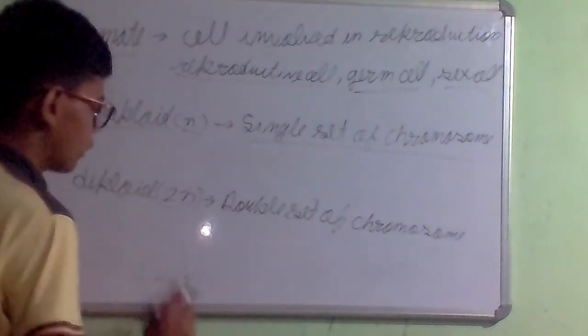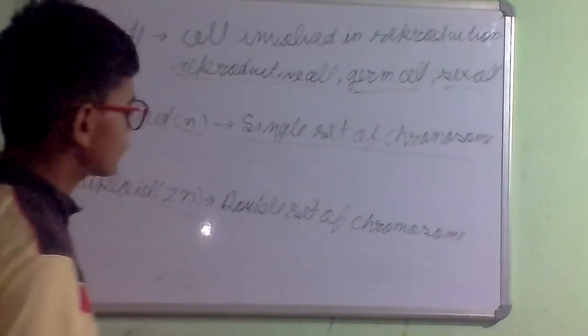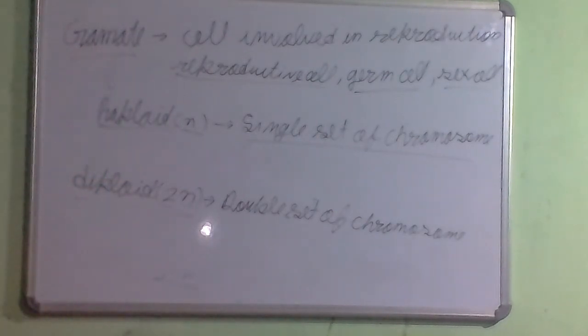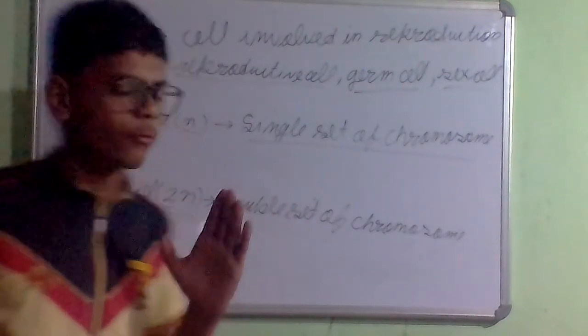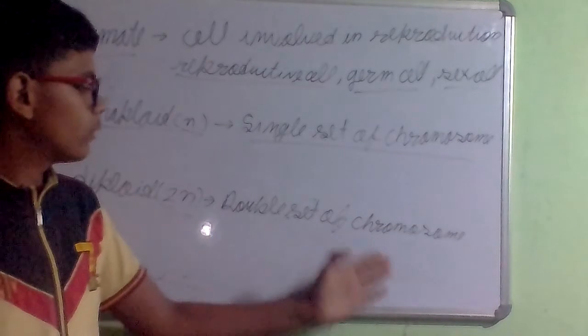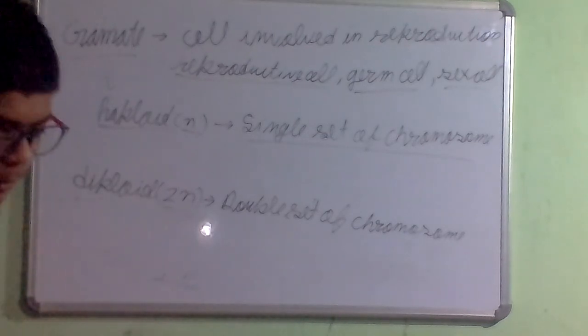Gametes are haploid, not diploid. The cells which divide and carry two sets of chromosomes after division are known as diploid cells, and are named 2N.